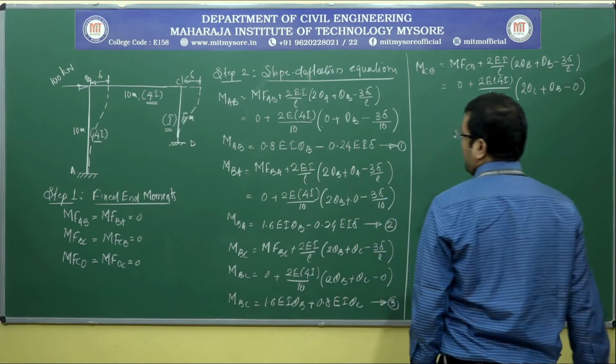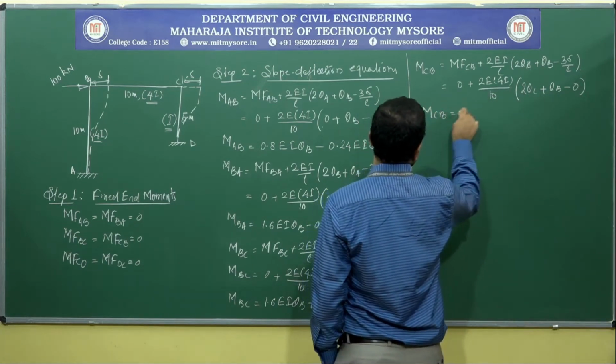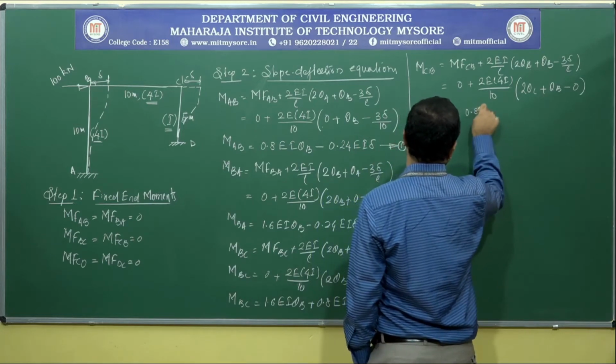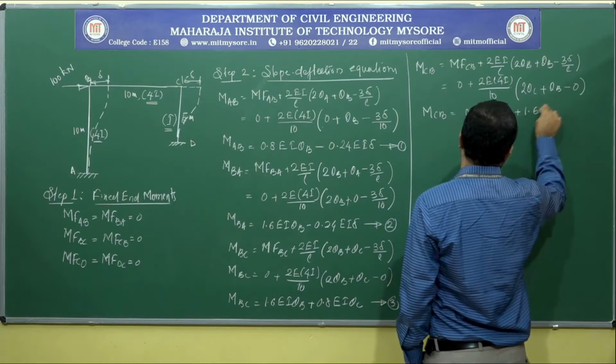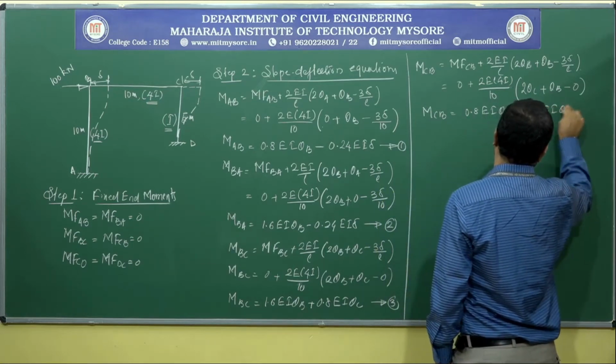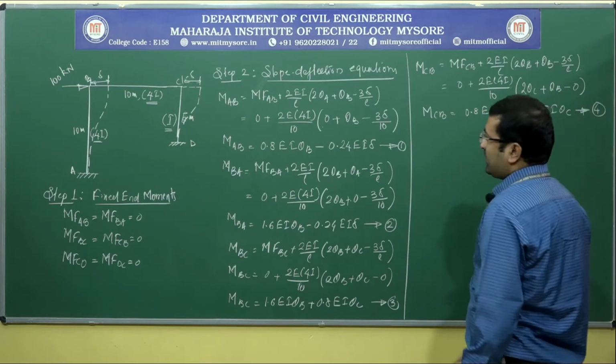The delta value for span BC will remain 0. So MCB is equal to 0.8 EI theta B plus 1.6 EI theta C. So let us call this equation number 4.